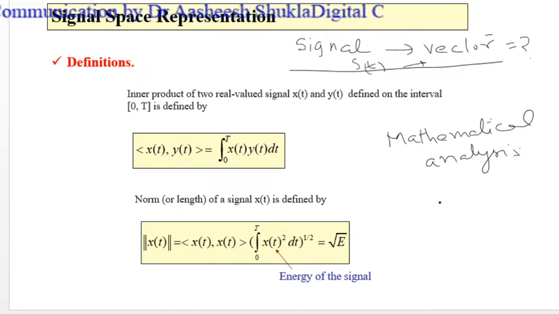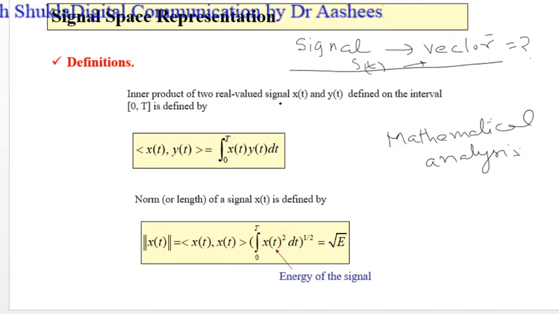Many calculations and lots of concepts can be analyzed with the help of vector mathematics. So if you represent your signal in the form of a vector, it is called signal space representation. And to study signal space, we should know something about the inner product.